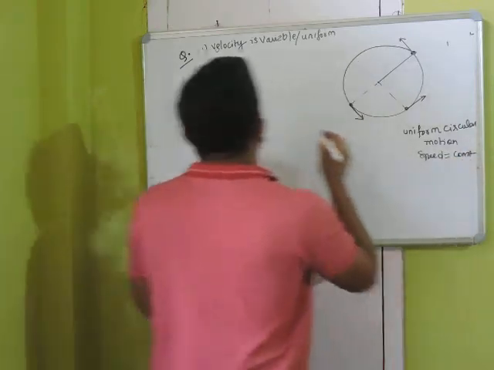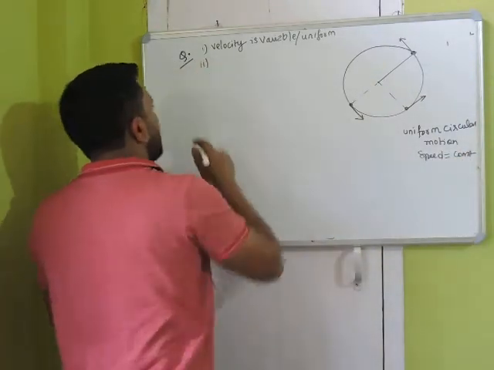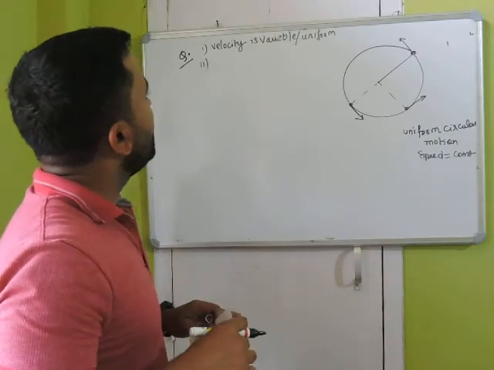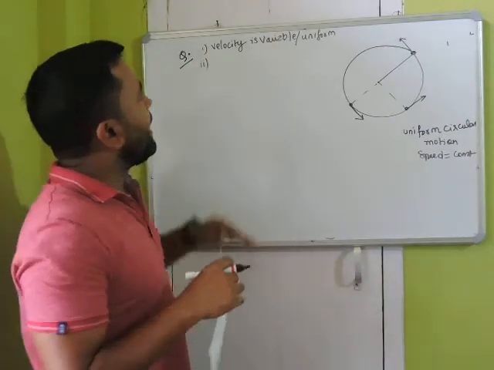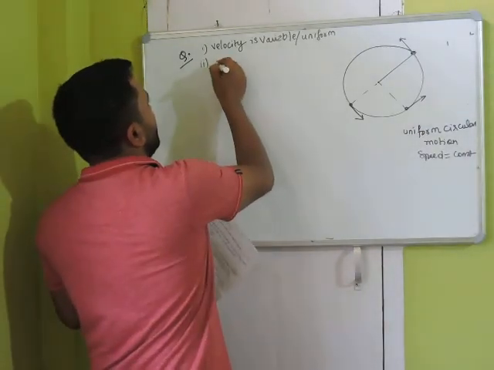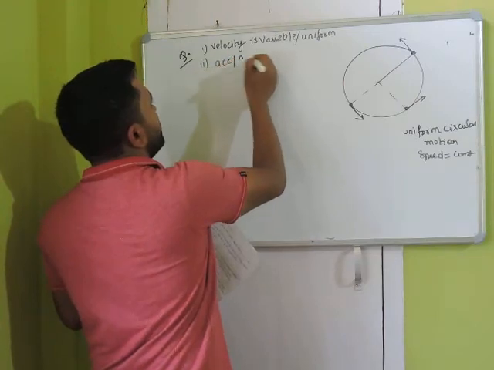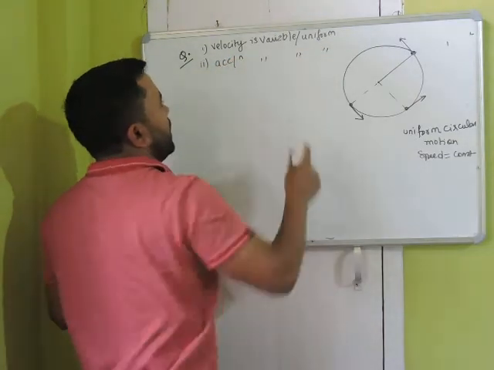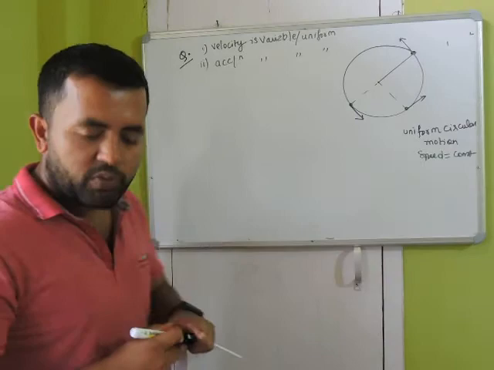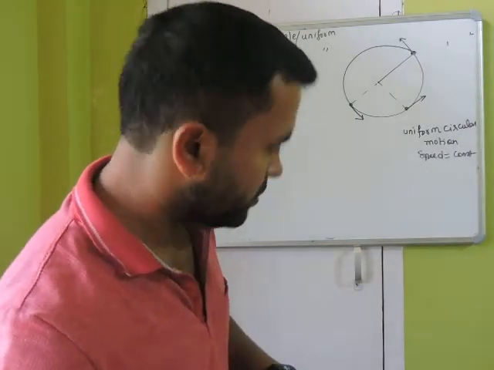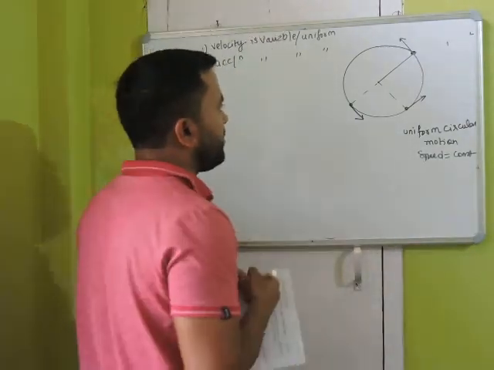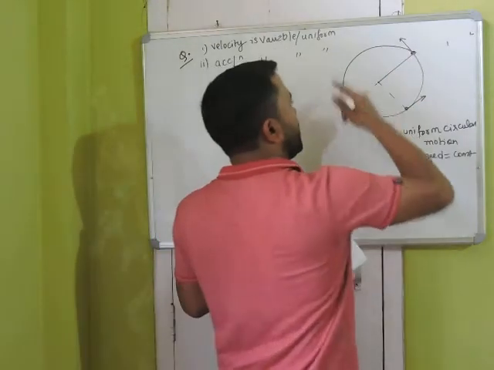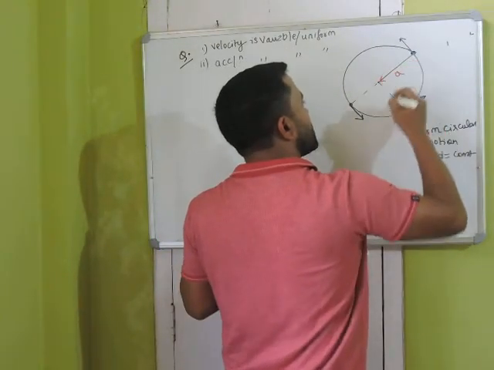Now the second part asks whether the acceleration is variable or uniform. Since it's an example of uniform circular motion, if you remember, the acceleration is always towards the center.